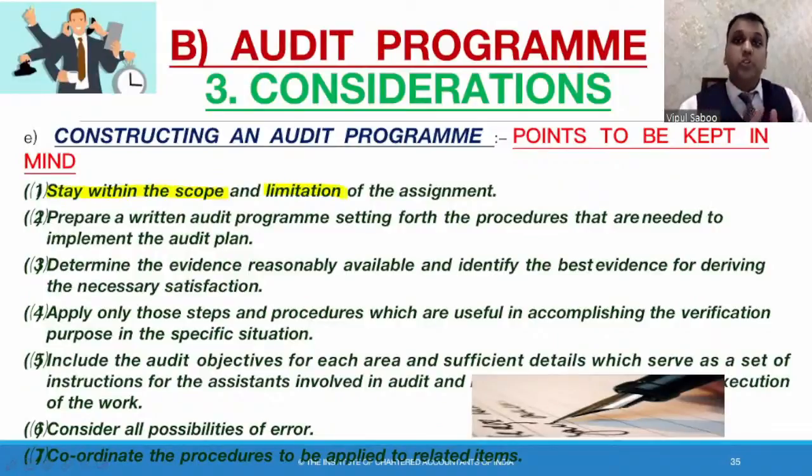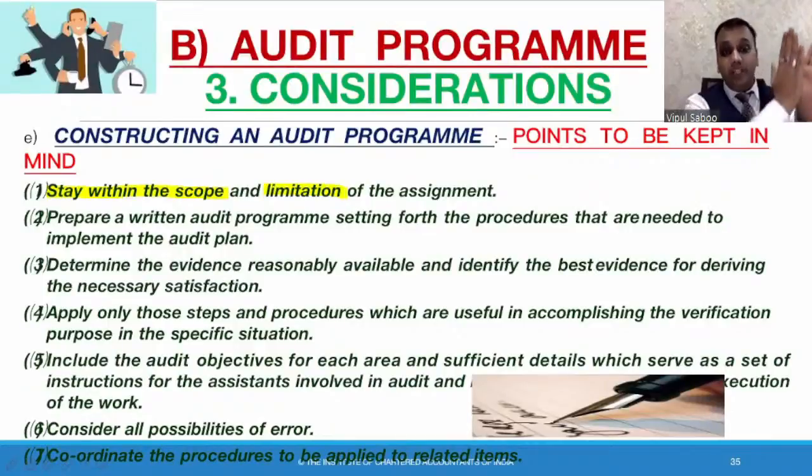As I told you, you have signed a contract with the client hotel that they want you to carry out an audit only of the income and expenditure of the restaurant. The restaurant is one of the components of their hotel. So they want you to carry out the audit of that particular component only.